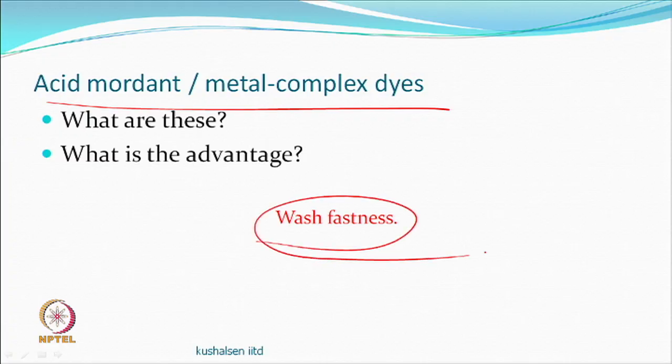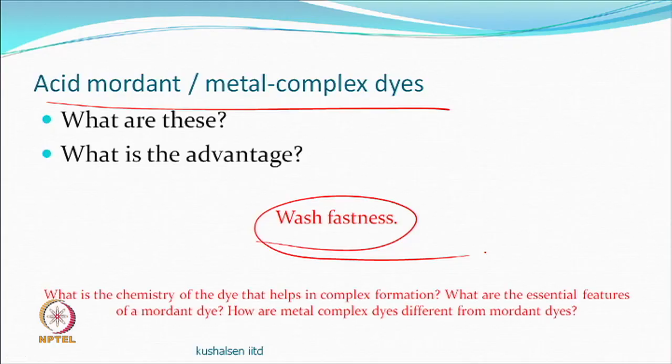So, one of those things will have to be done, and then the advantage definitely comes in wash fastness. So, for printing you may like to use pre-metallized or metal complex dyes, in whichever manner you want to use.